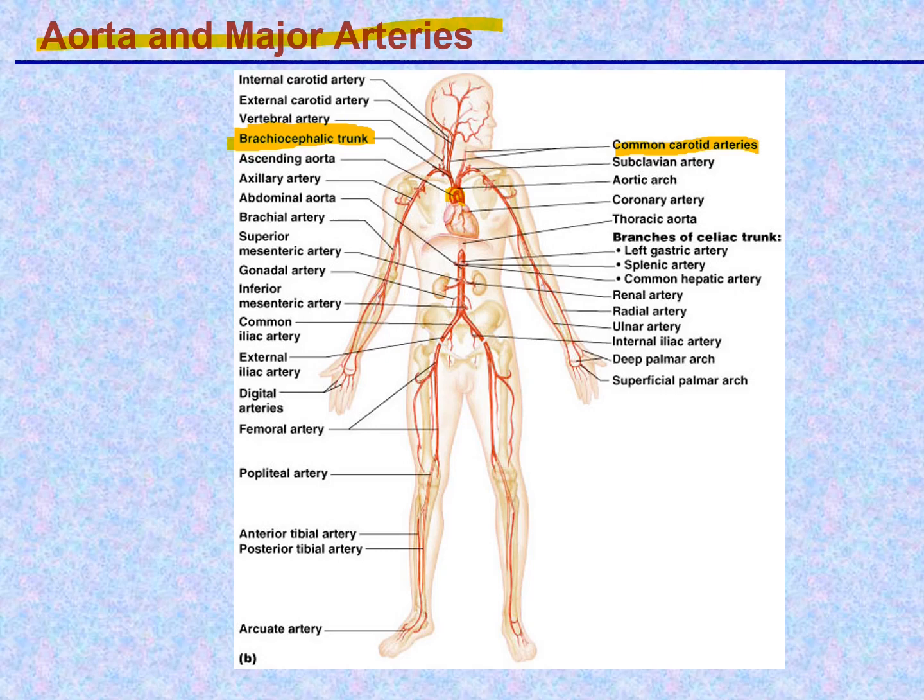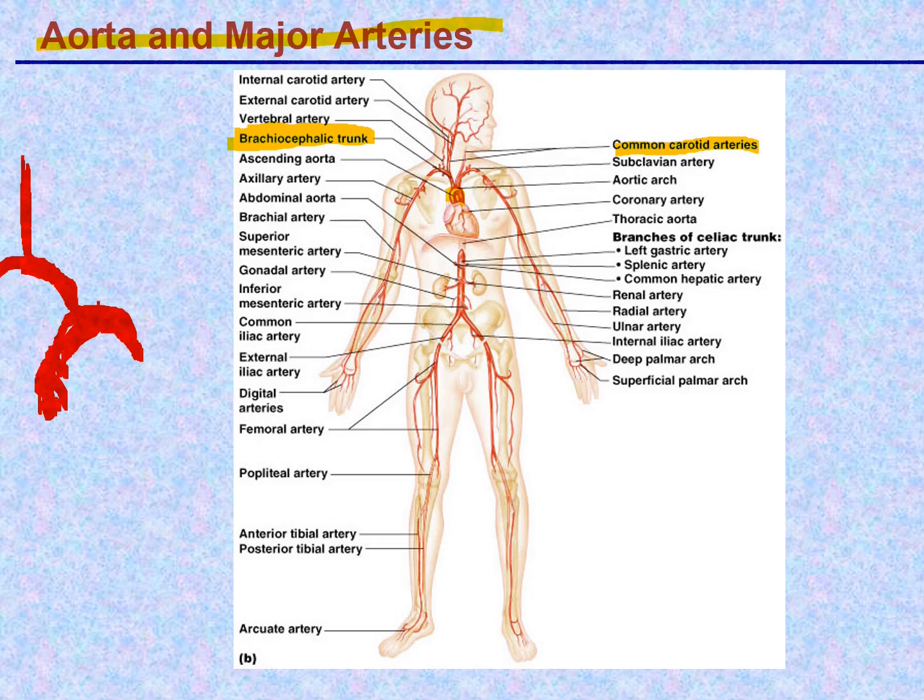Anyhow, I'm going to draw it for you. Okay, there's the aorta going up. This is not a very good drawing, but here is the aorta going up like that. The first major branch off of it is the brachiocephalic trunk, which then divides into the right common carotid artery and the right subclavian.